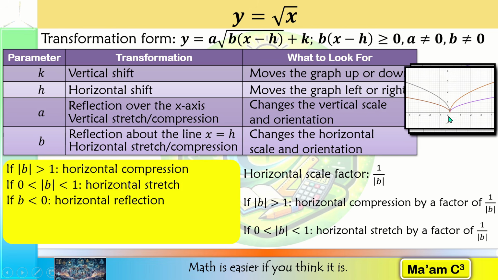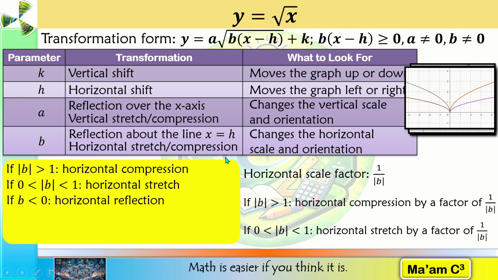In this case, our h is 0, so it reflects along the y-axis. The same thing happened when I changed the square root of 1/2 x to the square root of negative 1/2 x. It produced this graph. It reflects along x equals h.